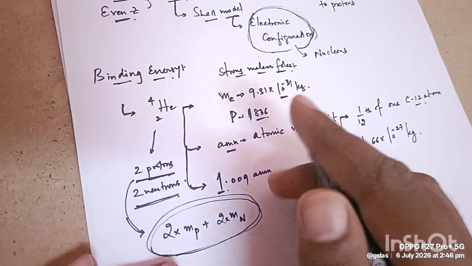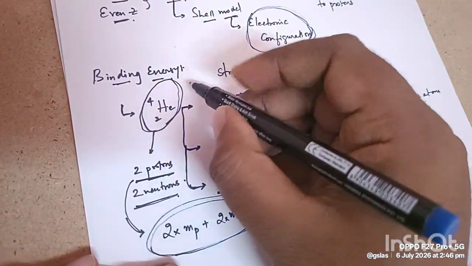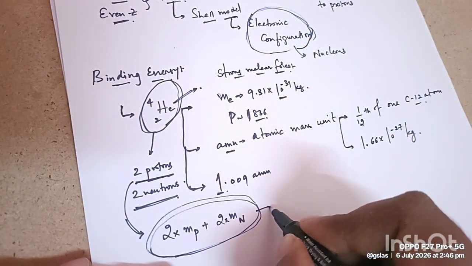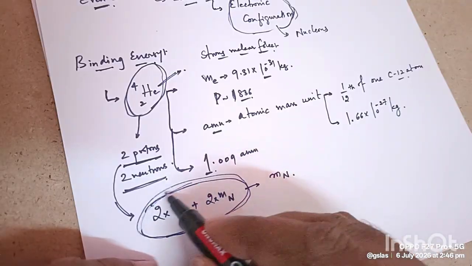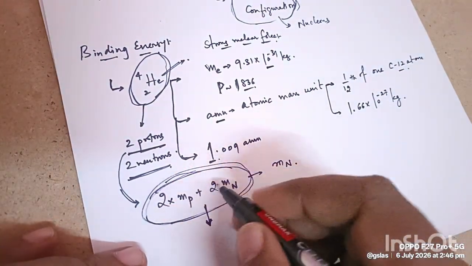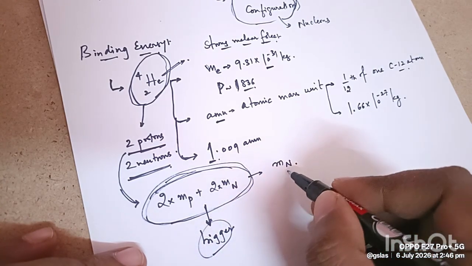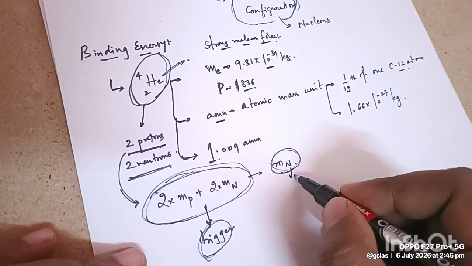At the same time, from the spectroscopic studies, we can find out what is the exact mass of this nucleus, and this turns out to be some mass of some nucleus, right? So what we have found is, individually this constituent mass is bigger than whatever spectroscopic studies which we have found experimentally, right?